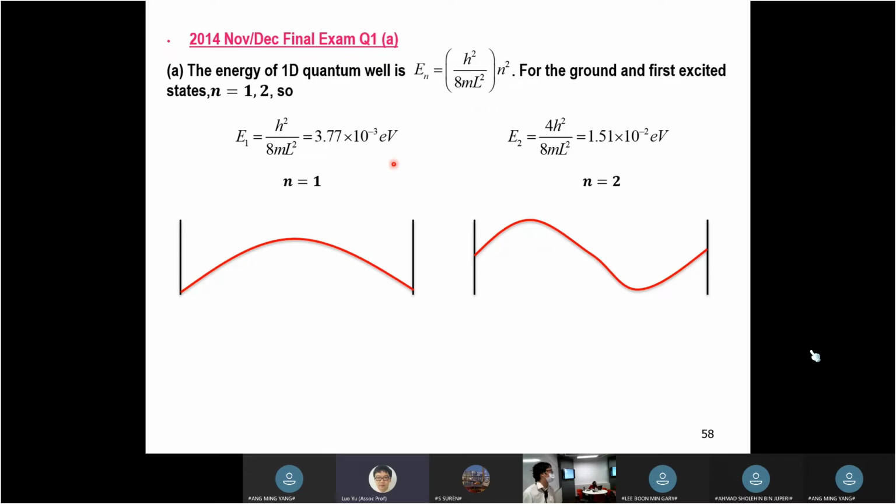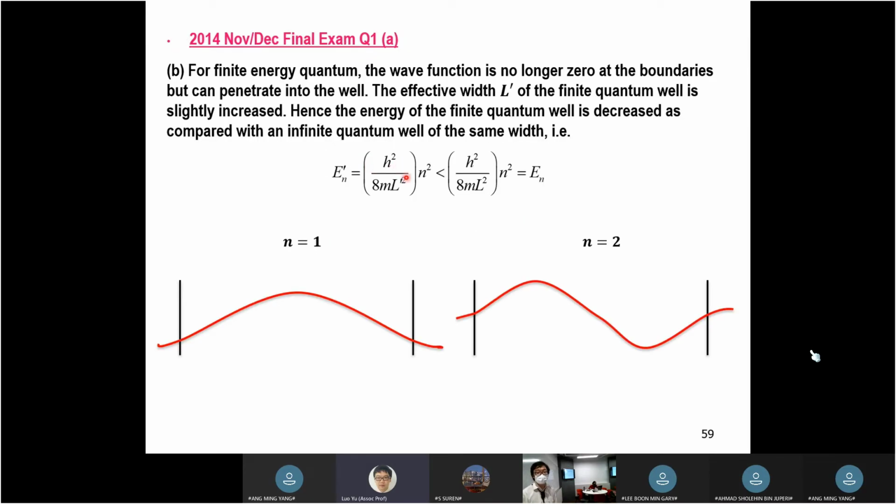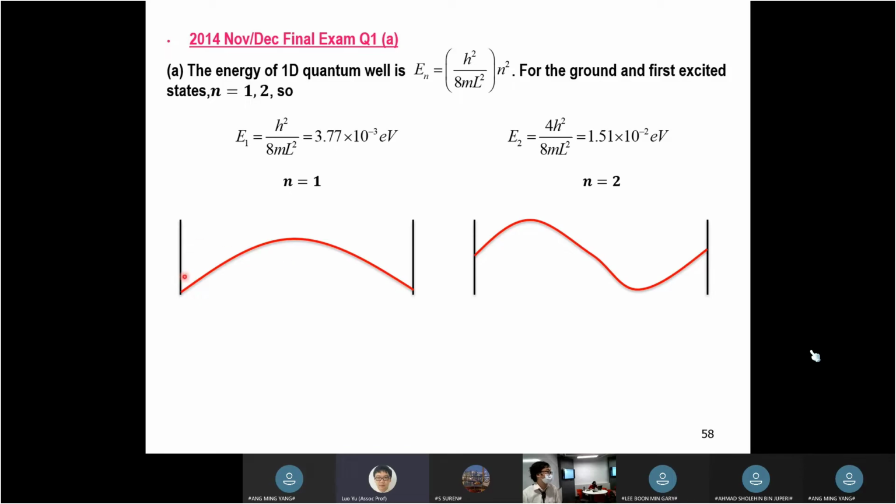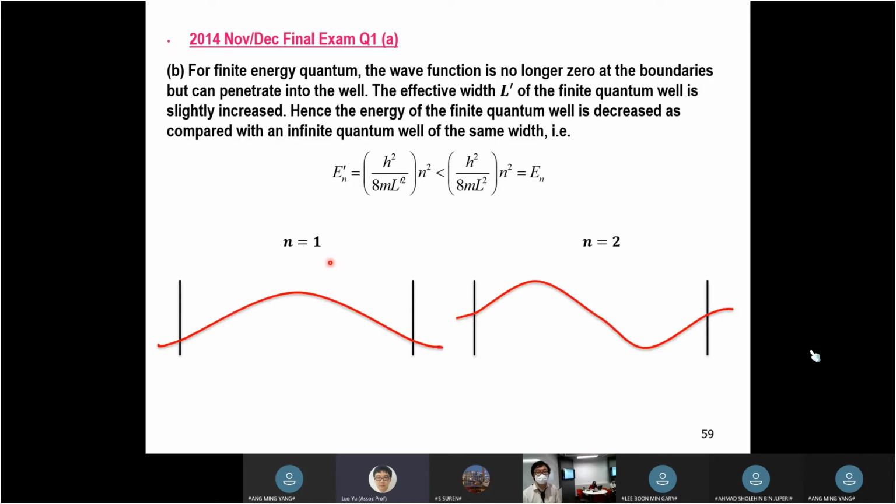So quite easy. I think for this 13 marks, you should all obtain. The other 12 marks are more difficult. Because for the finite quantum well, as I said, the electron can no longer be exactly confined within the box, but has a certain probability to travel outside the wall.